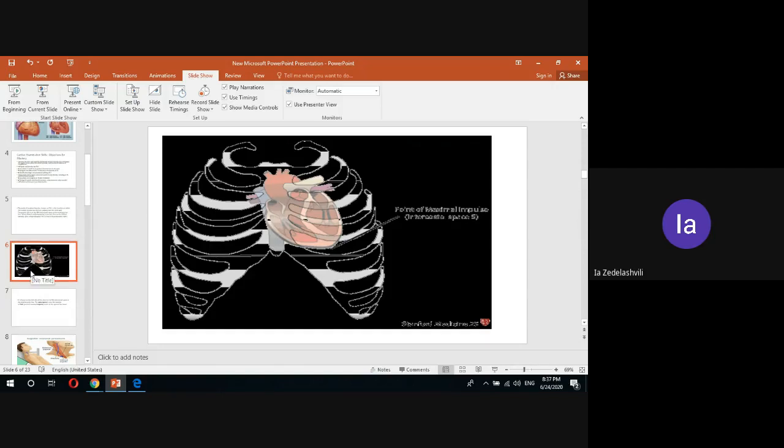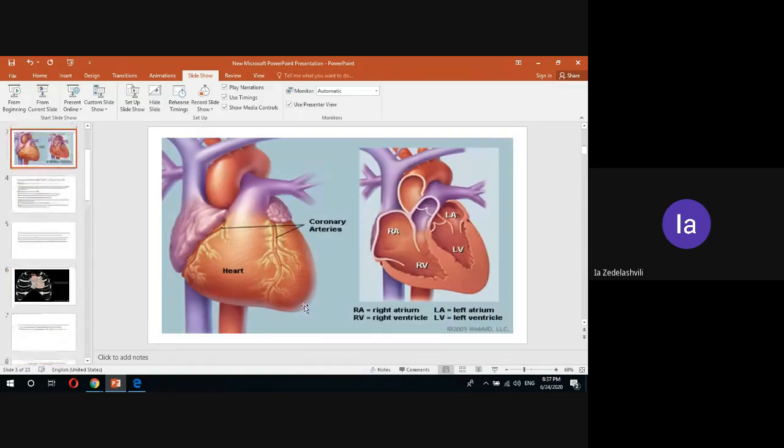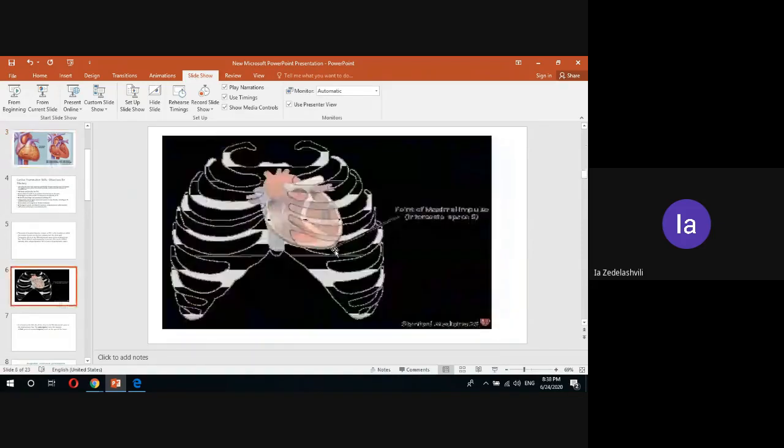Okay, so why is it so close? Because, as I said, the heart is oblique, turned, rounded, and so on. This apex of the heart is very close to the skin and the base is far from the skin. The closest portion, the apex, is only 1 centimeter deeper than the skin.